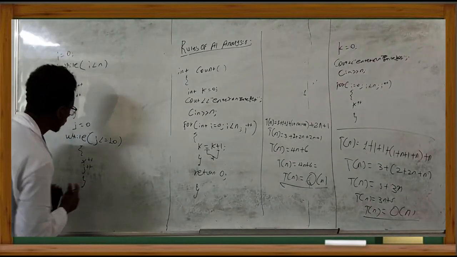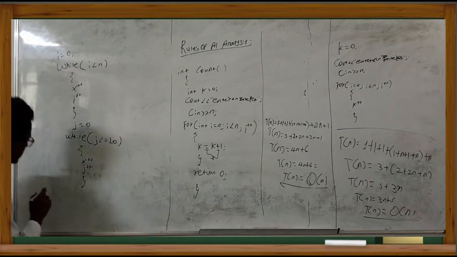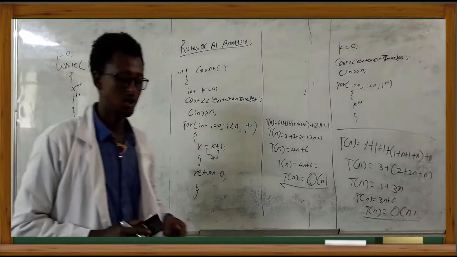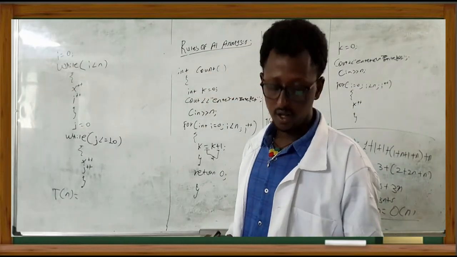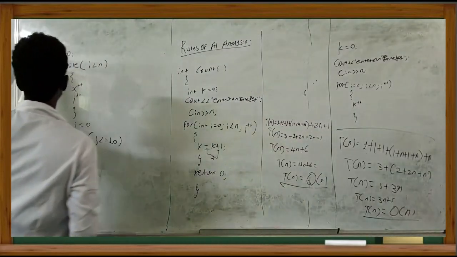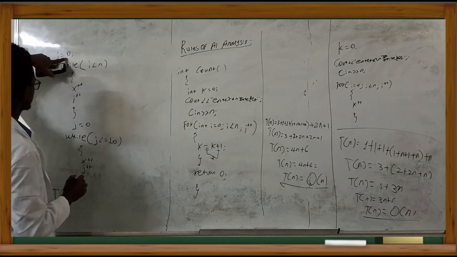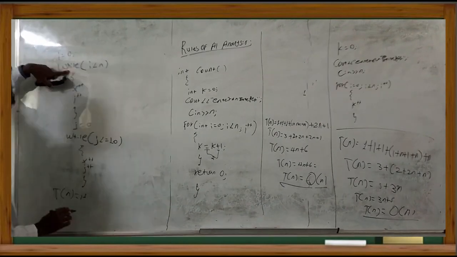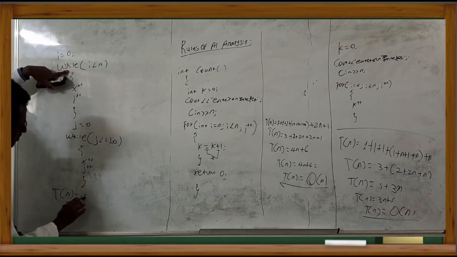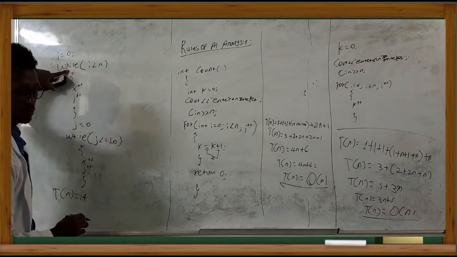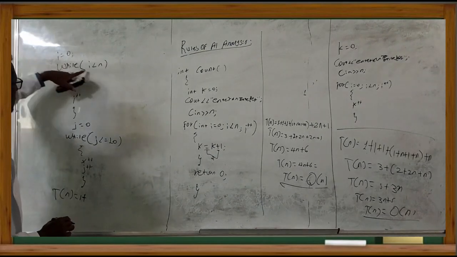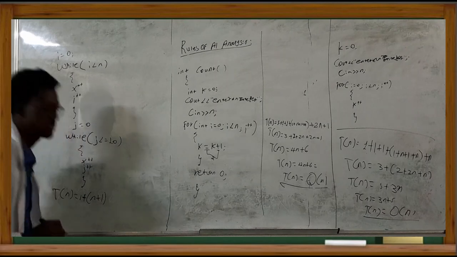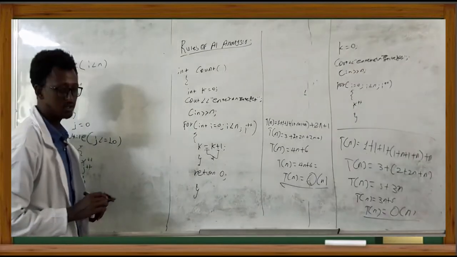Then how do we calculate the time complexity of this fragment of code? T of n is equal to, starting from the assignment operator i is equal to 0, it requires time unit 1, plus the second one, there is a while loop. For a while loop, we give a time complexity of n plus 1 operations because of the condition check.